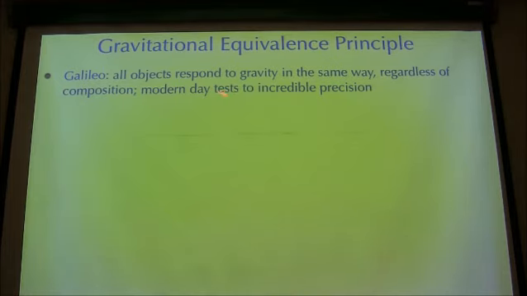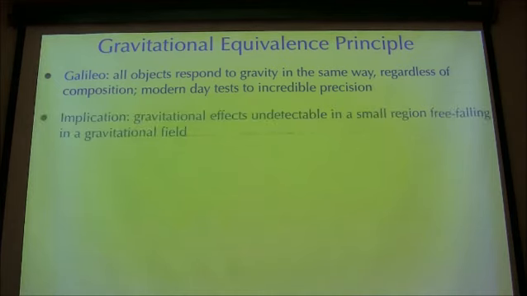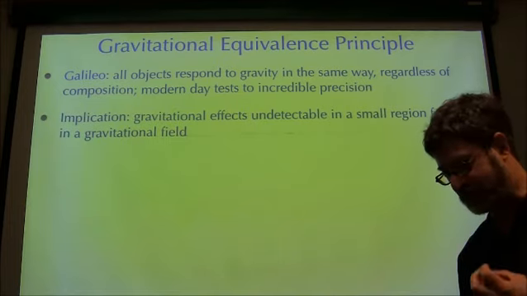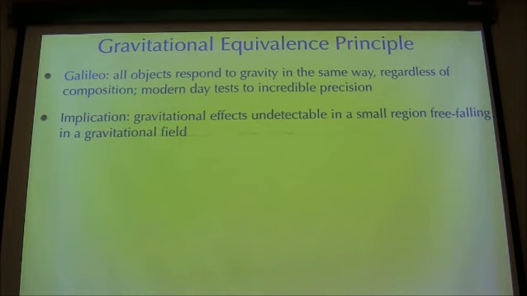And this has been tested again and again over the intervening centuries. And now we have tests of this equivalence principle to incredible precision. What this means is that gravity is sort of almost undetectable in a way. So if we allow, say, me, to free fall in a gravitational field, put me up someplace far, far above the Earth and just drop me.